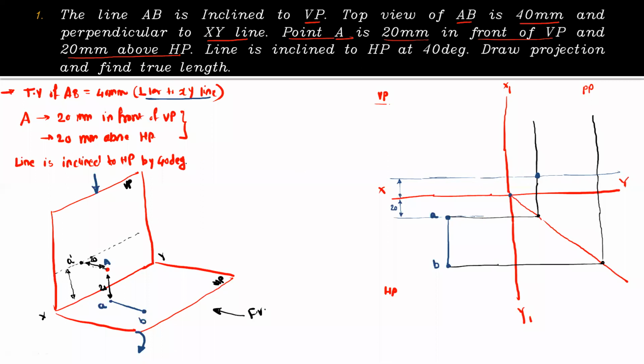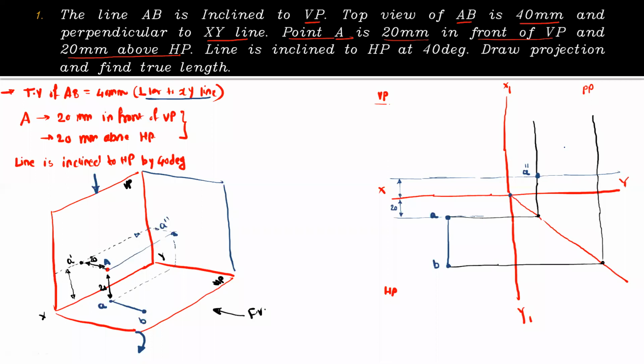That means if you take one side plane, that is a profile plane, and if you draw the projector from the point A like this, this will be your A double dash. This is the projector from the front view, and similarly you can take the projector from the top view. They will intersect in the side view. That point is nothing but the A double dash.